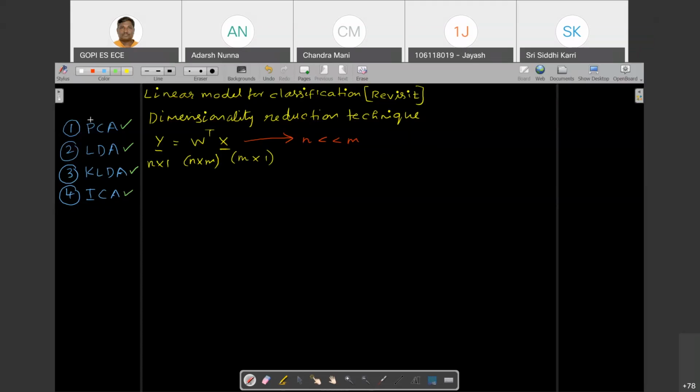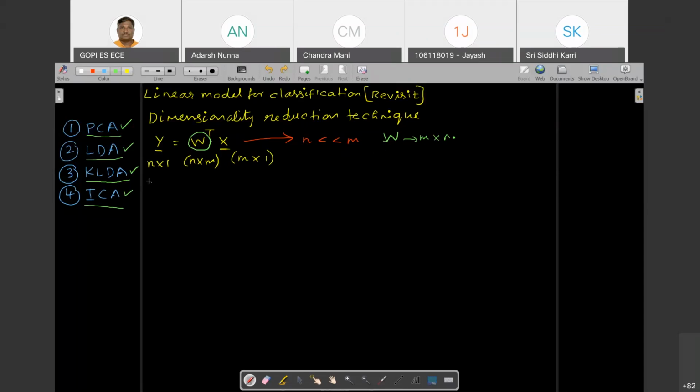In all the cases our objective is to get this matrix W, which is basically of size m cross n, and its transpose of size n cross m. We are interested in getting this W after doing the dimensionality reduction.